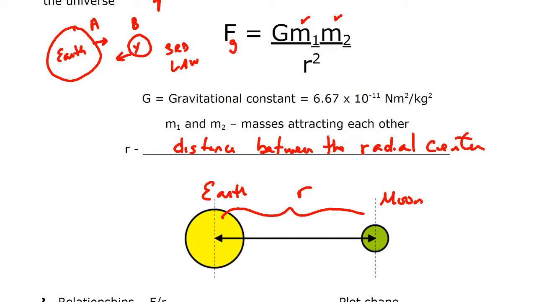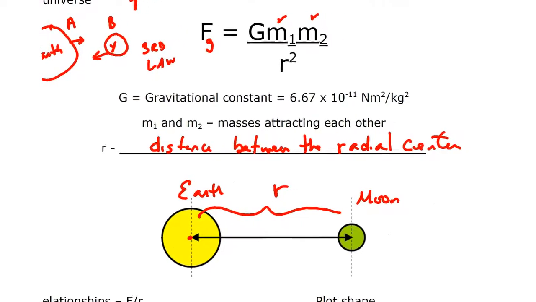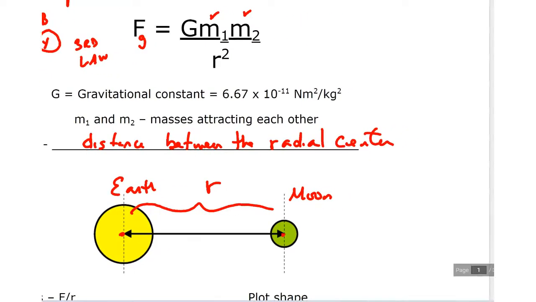This is R, the distance between the radial centers. That's why, when you're standing on the Earth, the distance between the Earth and you is not 0, but R, or a little bit more than R, because it's the radius of the Earth plus the distance between your feet and the middle of your body.